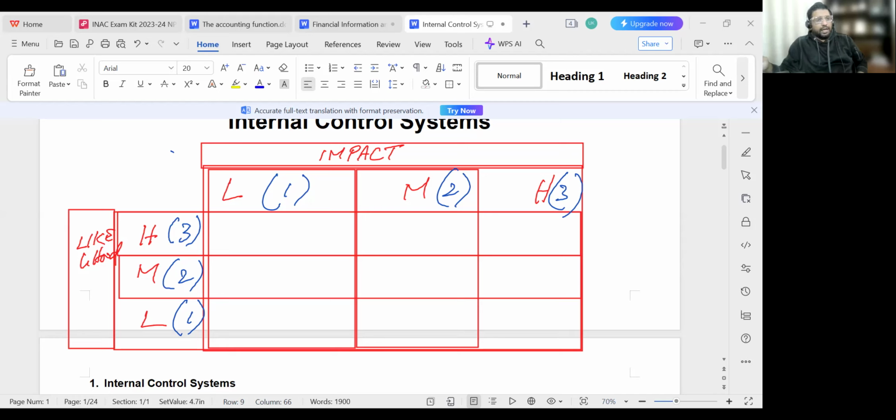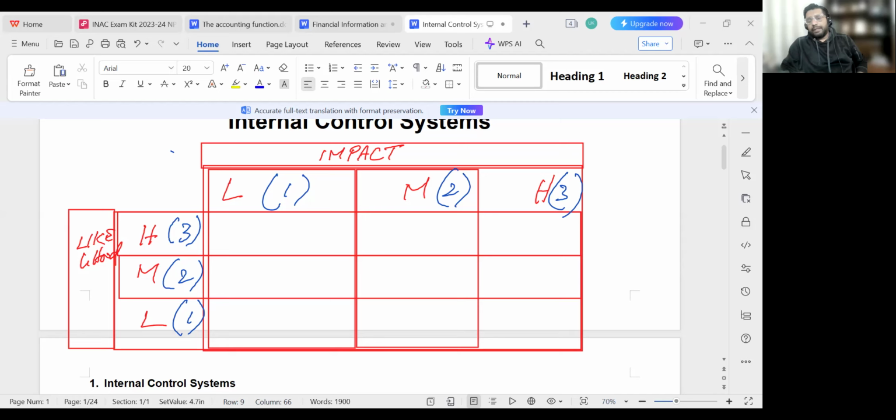And so the likelihood that someone is going to enter the storeroom and steal the inventory is very high, right? So the likelihood is going to be high. So we know that the score we would be assigning to that risk would be 3.